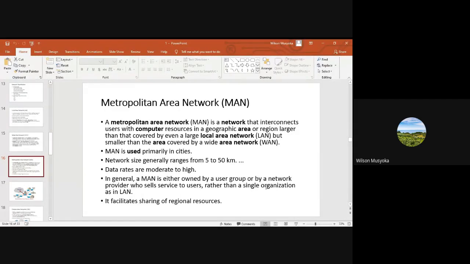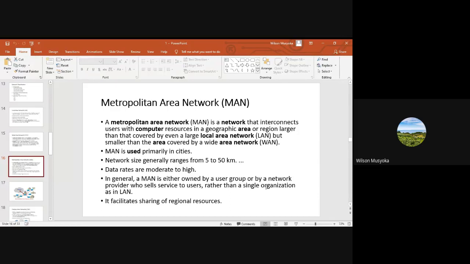So the data rates are moderately high. In the metropolitan area network, it is the service provider who sells these services to private users or organization users so that they may be able to connect. So it facilitates sharing of regional resources.